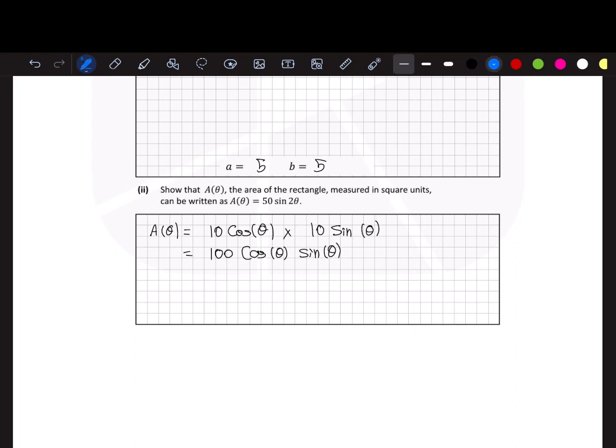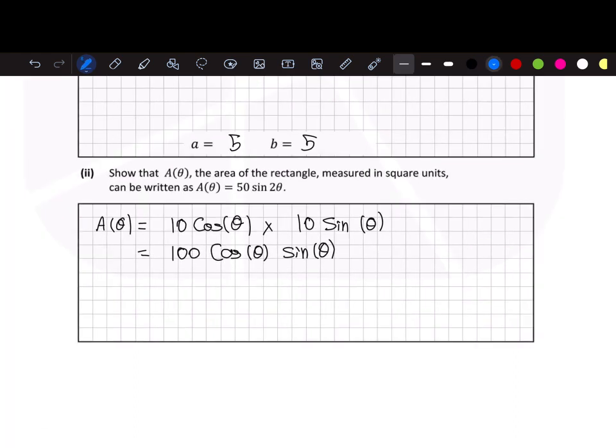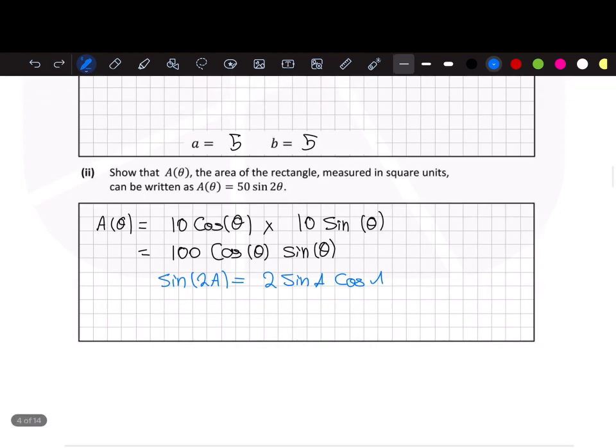So if we come back up here and just note that, we know that the sine of 2A is equal to 2 sin A cos A. And what do we have here? We have 100 cos sin. So even though in the blue it says sin cos and in the black it says cos sin, they're commutative. It doesn't matter which way you put them.